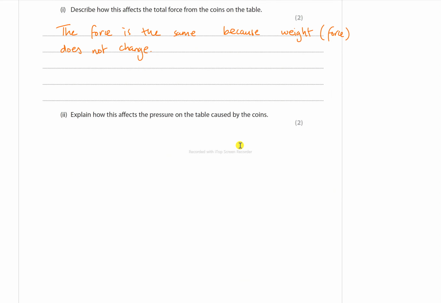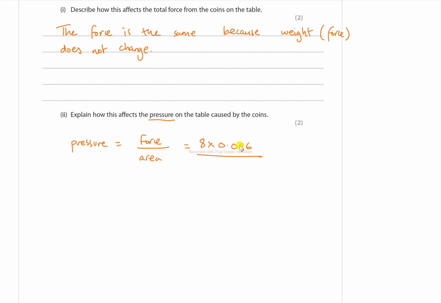Now, how will the pressure be affected? Remember we said pressure equals force divided by area. So the force is the same. So the force is 8 times 0.036.